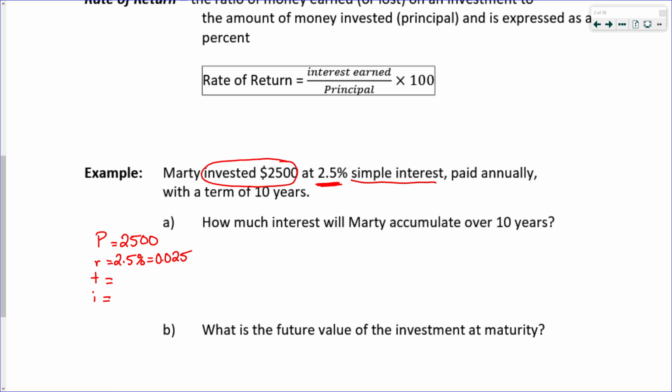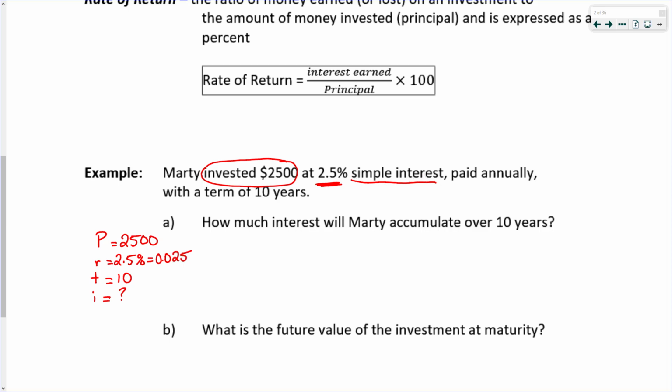And again, if you can't remember how to change a percent to a decimal, all you do is divide by 100, because percent means per 100. And then I need my T, which is my term, so how long my investment is. I've got 10 years for that one. And the interest earned, I don't know yet, so I'm just going to put a question mark, because that's what I'm trying to find. So I've got everything that I have, and I have what I'm looking for.